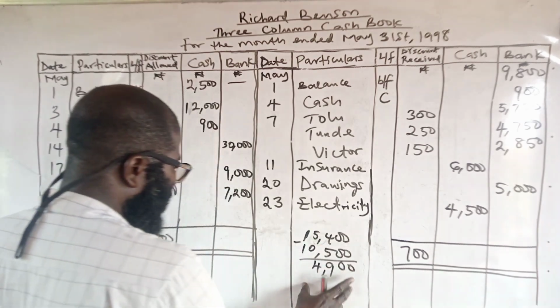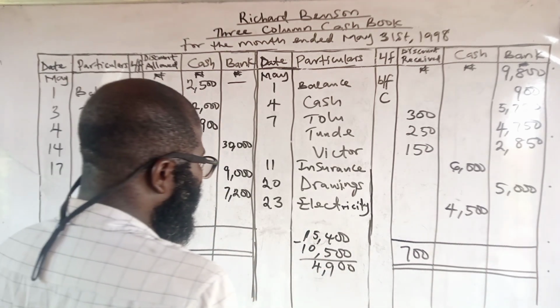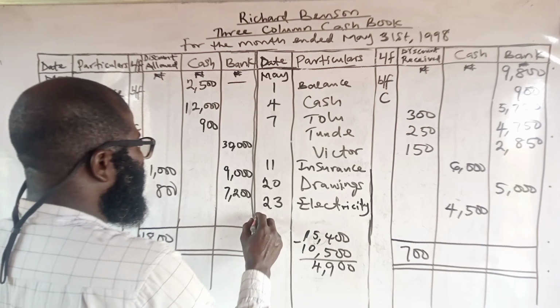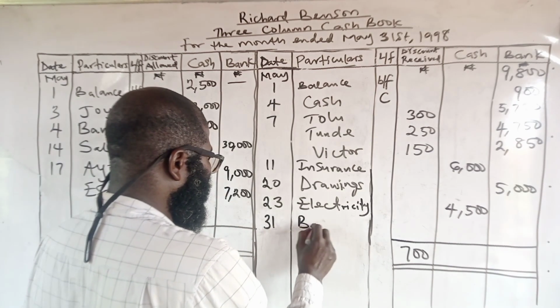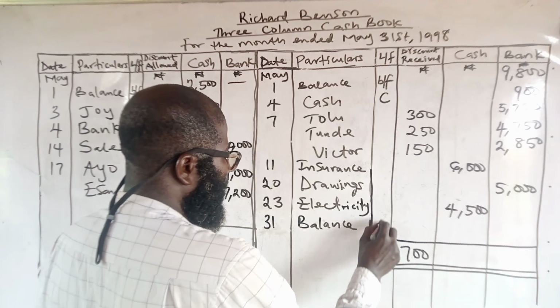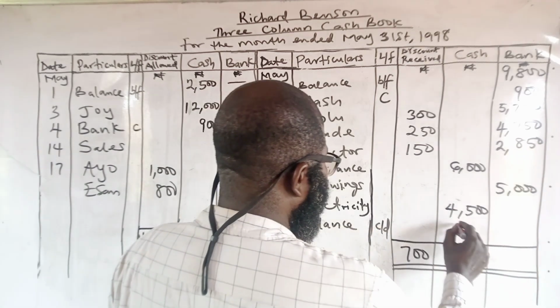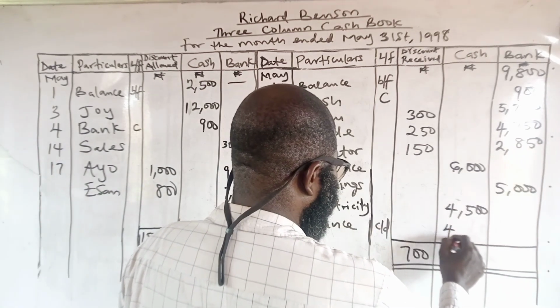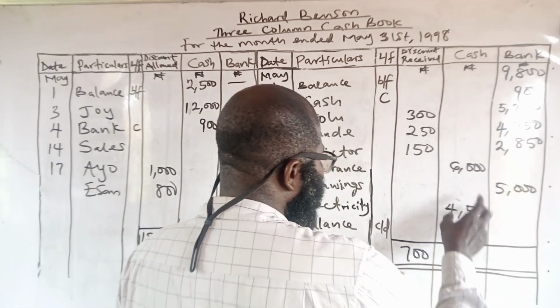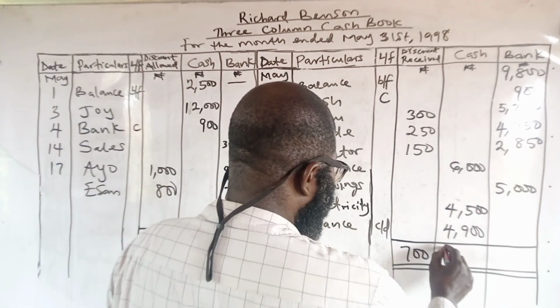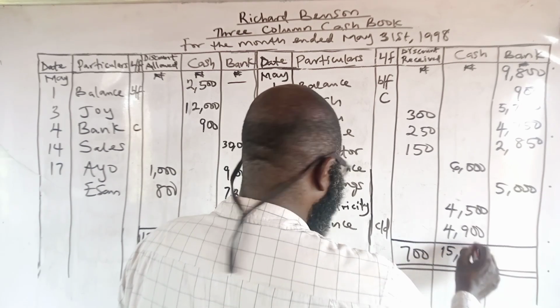So the balance we are having here is 4,900 naira. For the month of May, we have 31st for the last day. Balance carried down. This will be 4,900.